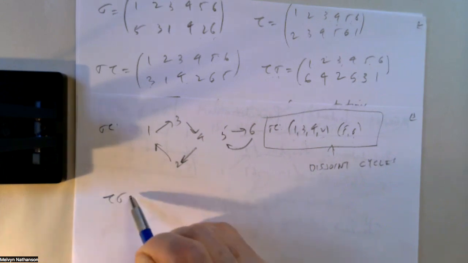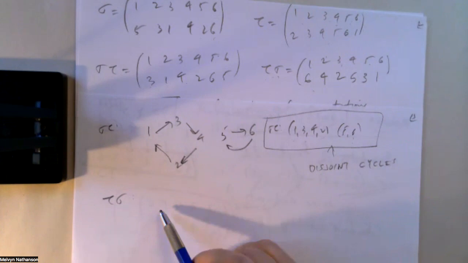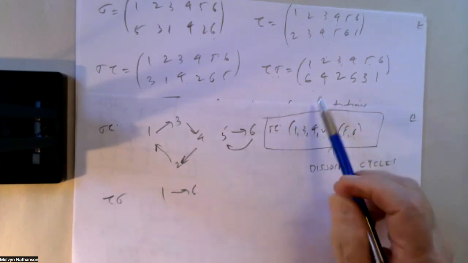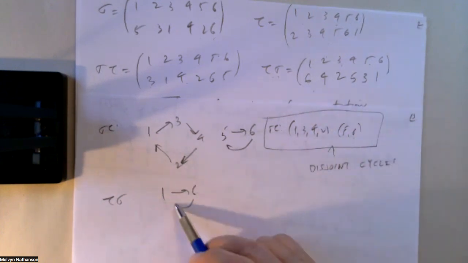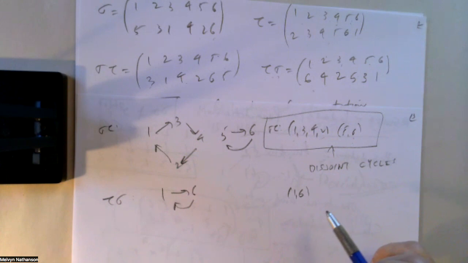Let's look at tau sigma. So here's tau sigma. 1 goes to 6, and 6 goes back to 1. So that's the cycle of length 2, (1 6).